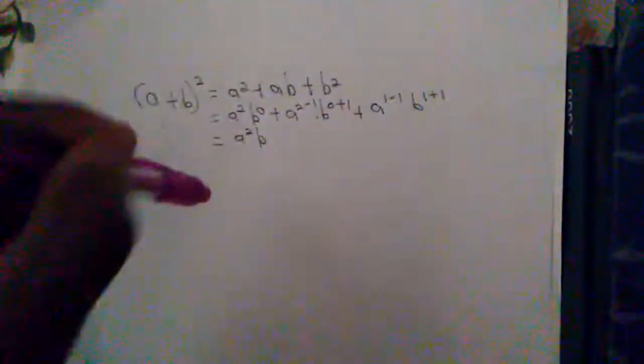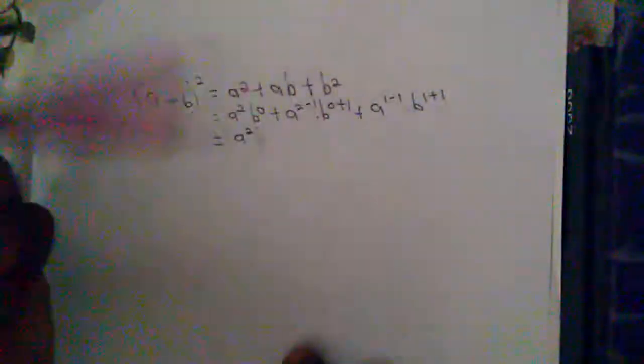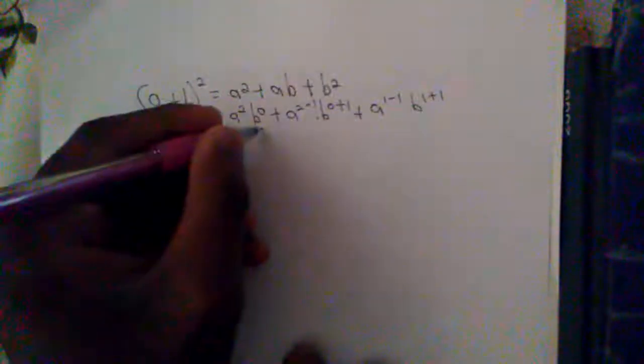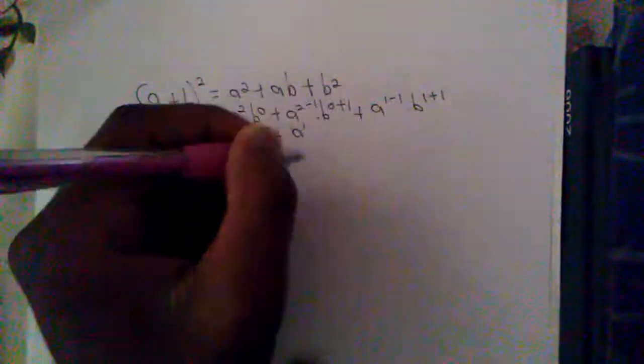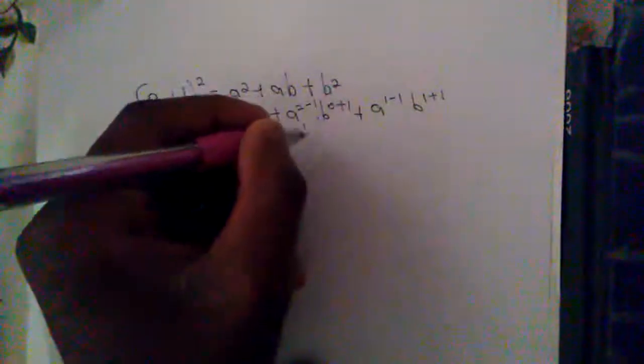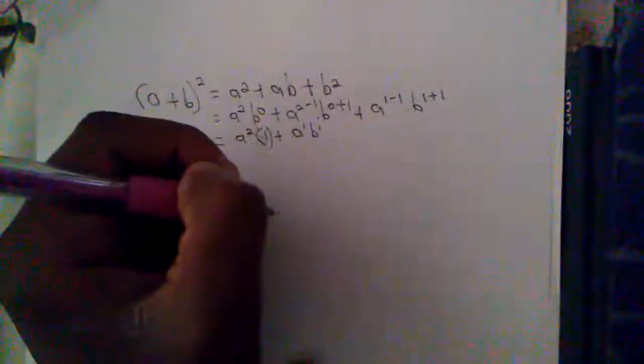Well, in fact, let me do it this way. Anything powered by 0, we know that it will equal 1. So instead it will be a squared multiplied by 1, plus a to the power 2 minus 1. Well, we know that to be a to the power 1, multiplied by b to the power 1.